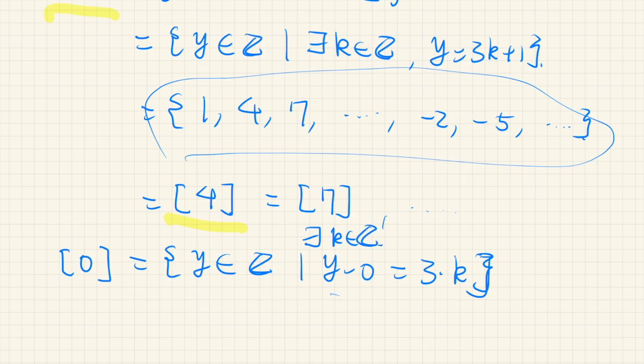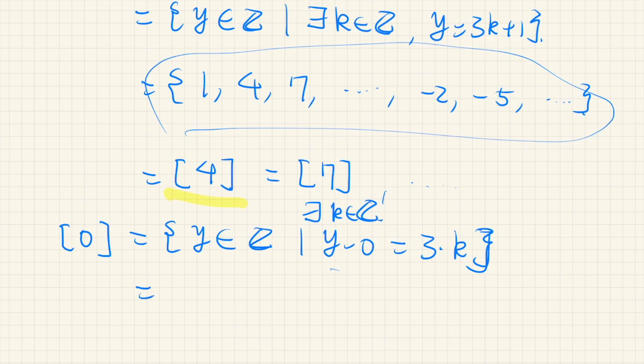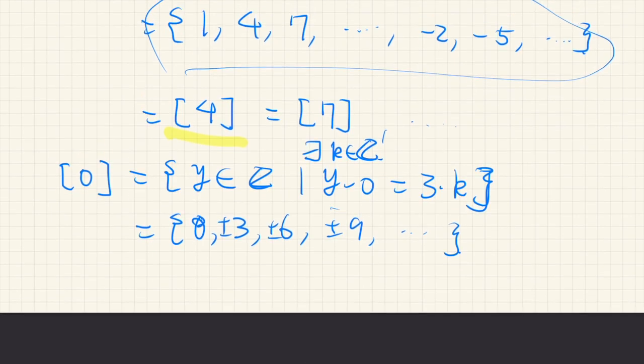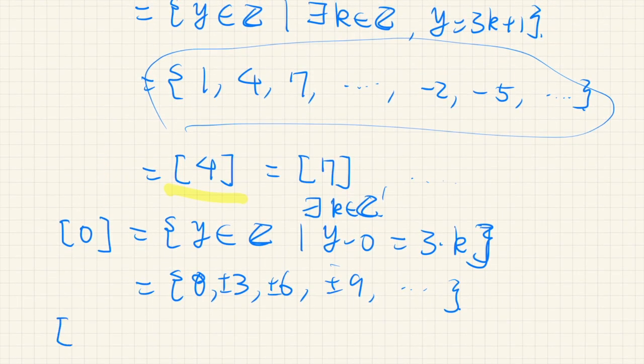So y is a multiple of 3, so this contains 0, 3, 6, actually plus minus, right? 9 and so on. And another equivalence class is this. That is 2, 5, and 8, and so on. For negative numbers, we have -1 and -4, and so on.